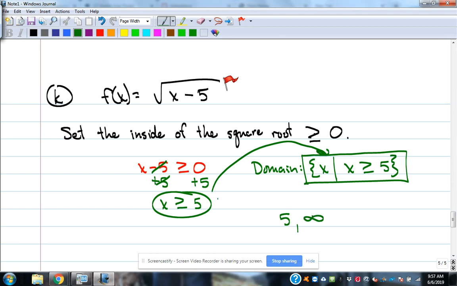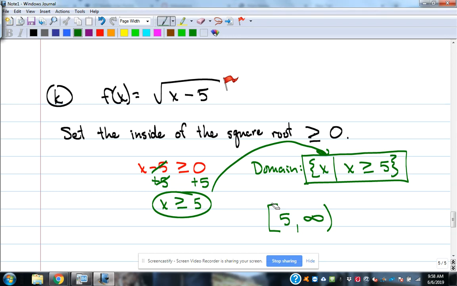Here's the difference on this. You're going to put a parenthesis on the infinity side, and on the 5, you're going to put a square bracket like that. The reason you're going to do a square bracket is because the 5 is included. We're using the 5 because the equal to mark on the inequality makes us use a square bracket right there. We talked about when we were listing sets, we didn't use a square bracket.